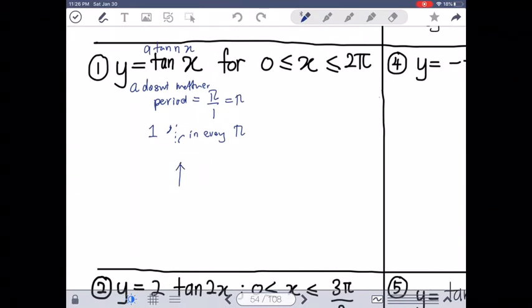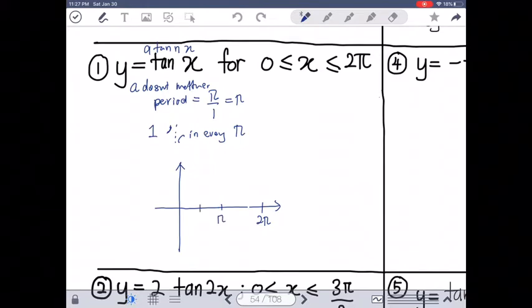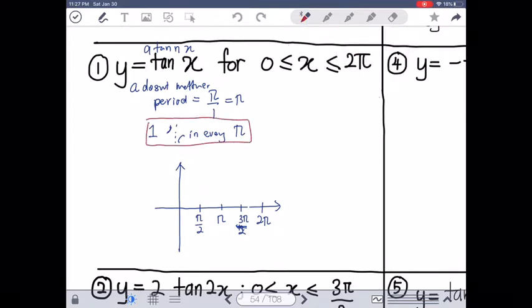So if we have to draw the graph, 2 pi, pi over 2, 3 pi over 2. For every pi, there will be one cycle.